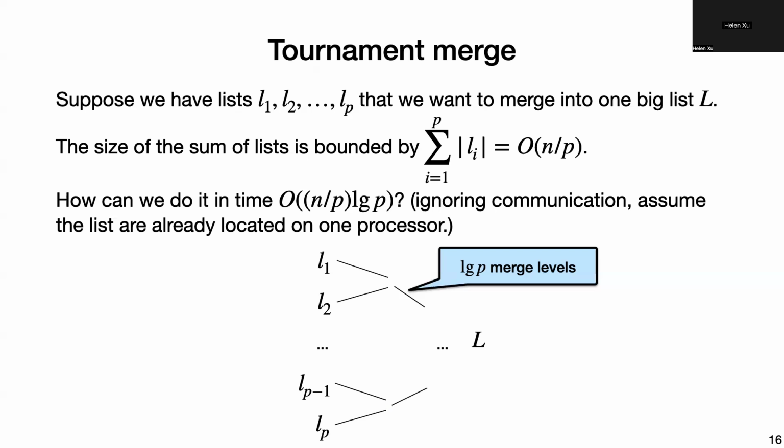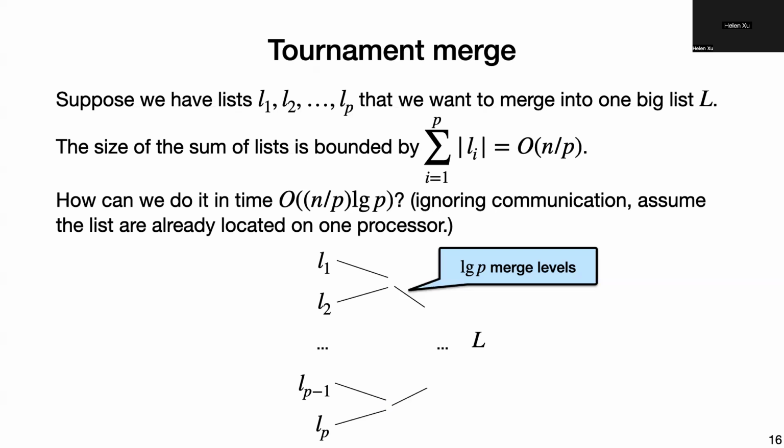L1 gets merged with L2, L3 with L4, and all the way down, LP minus 1 gets merged with LP. Then you merge those destination lists: the result of L1 and L2 with the result of L3 and L4, and all the way up. There are p leaves in this tournament, so log p levels.